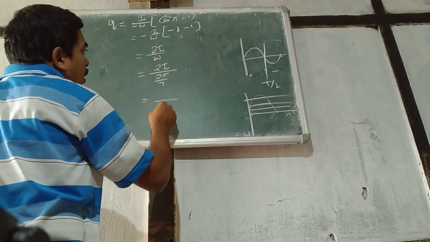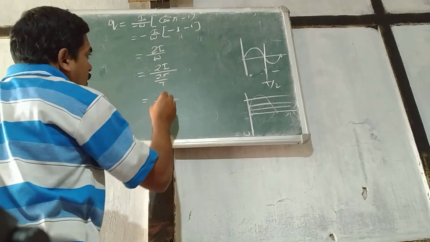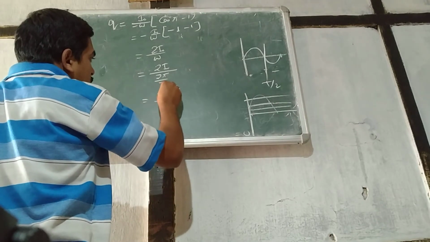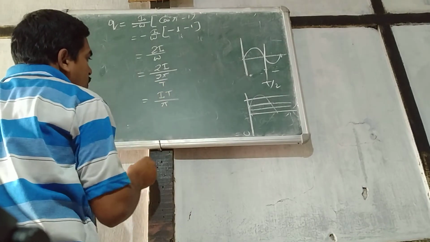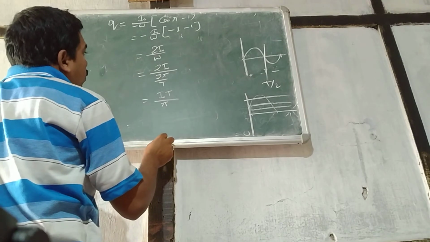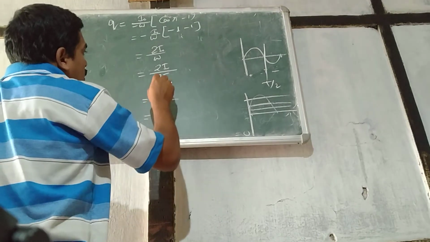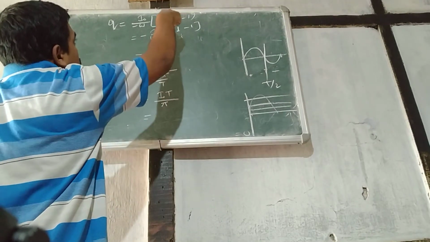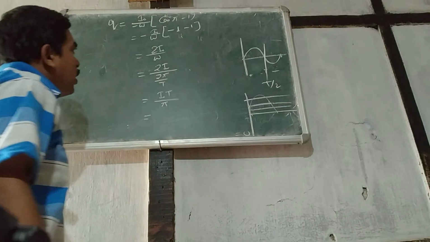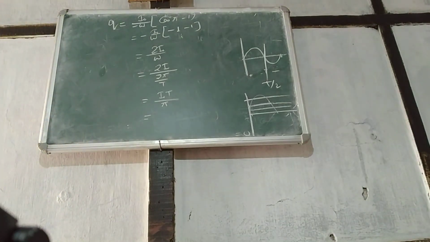So this will be I naught T by pi. Q equals 2 I naught by omega, where omega T by 2 equals pi, so I naught T by pi.